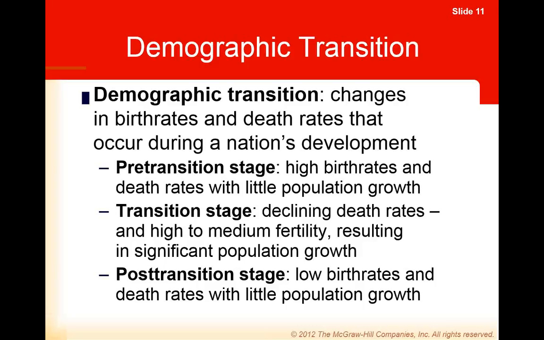Your birth rates fall off, and so you are again back to a position of low birth rates and low death rates, again with little population growth. Where we see the rapid expansion of population is when countries are undergoing the industrialization process, the transition stage. This is what's happening in China, this is what's happening in India. And as they begin to come out of this, we will see population stabilize.